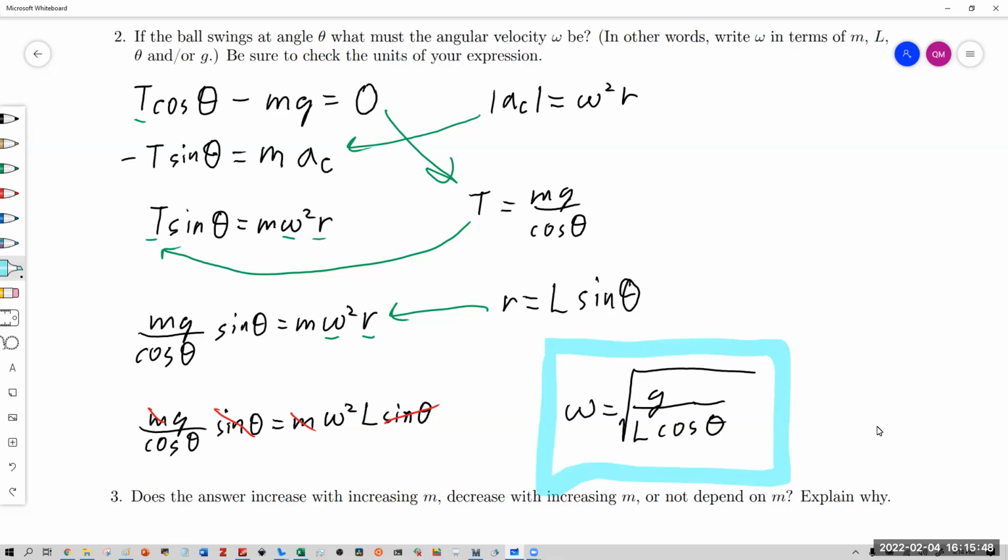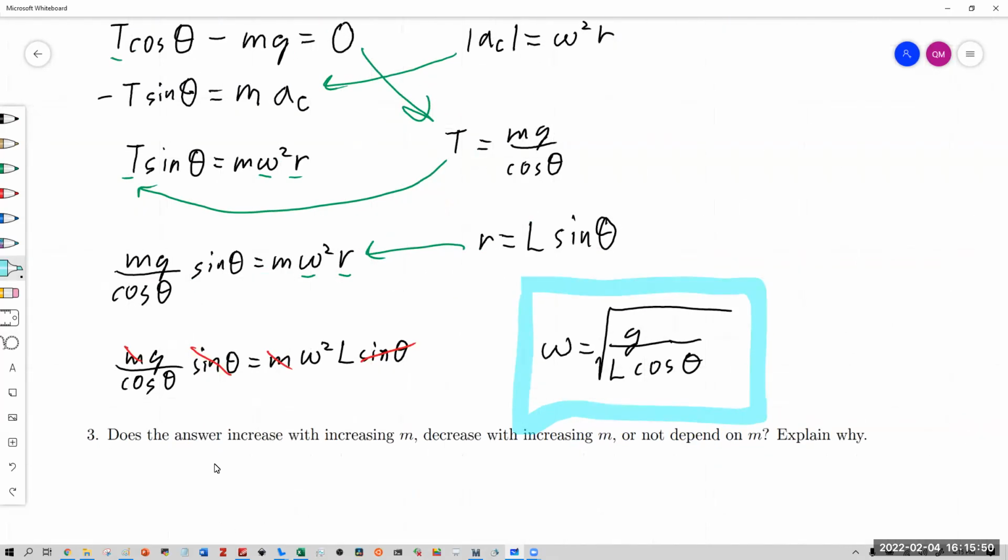And that is the answer. Okay, the last question is, does the answer increase with increasing m, decrease with increasing m, or not depend on m? You can see there's no m in this equation, so it does not depend on m. Why? Well, we saw what happened in this last step.